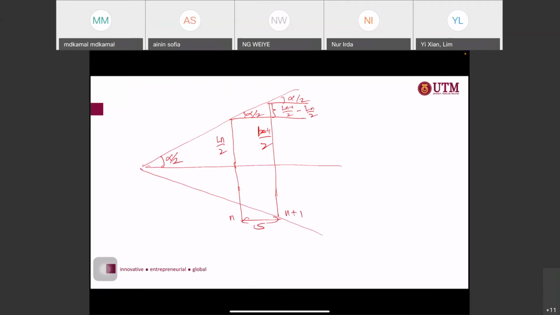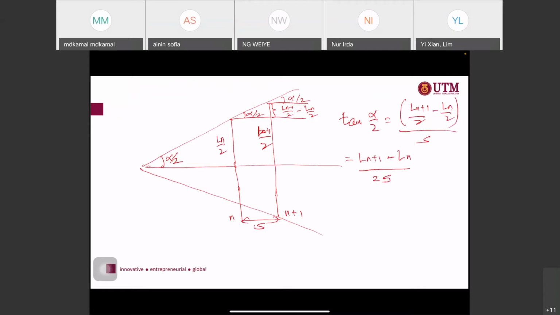So what we can see from tangential is that tangent alpha over 2 is equal to Ln plus 1 over 2 minus Ln over 2, over S. So this is equal to Ln plus 1 minus Ln over 2S.